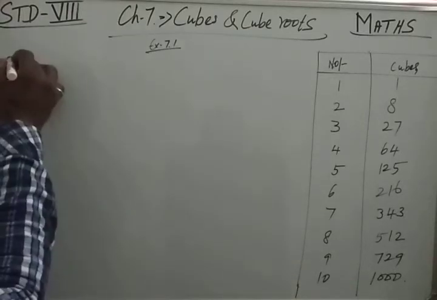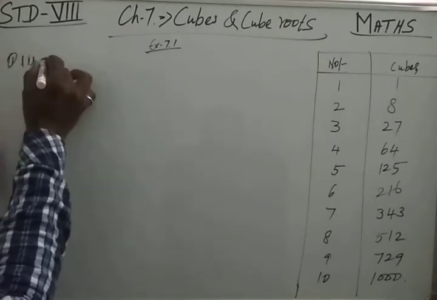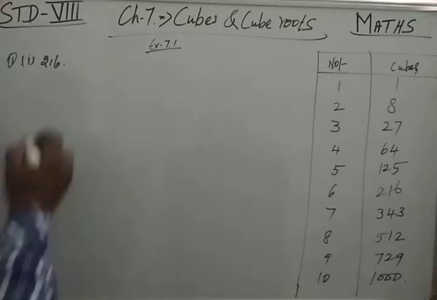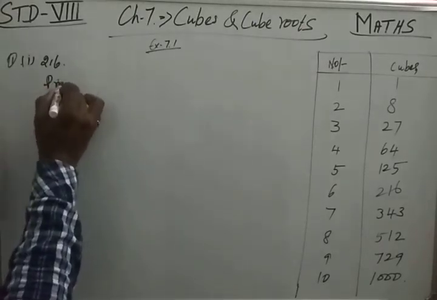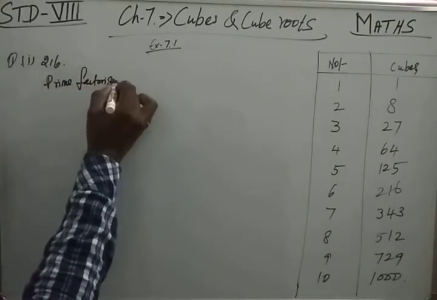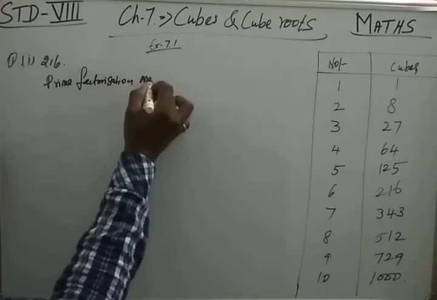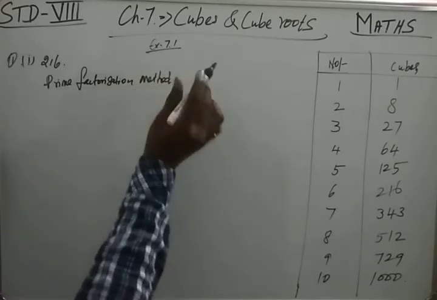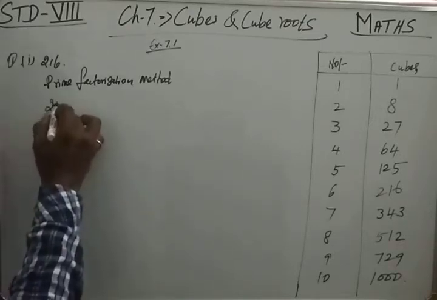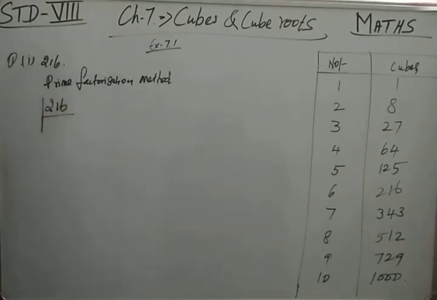First one, 216 they have given. So we have to do the prime factorization method. Which table can we use?